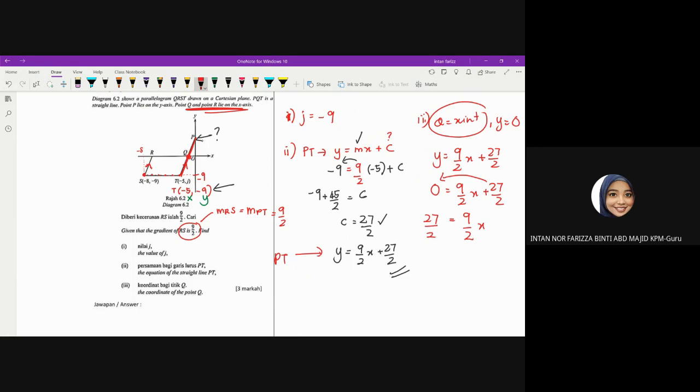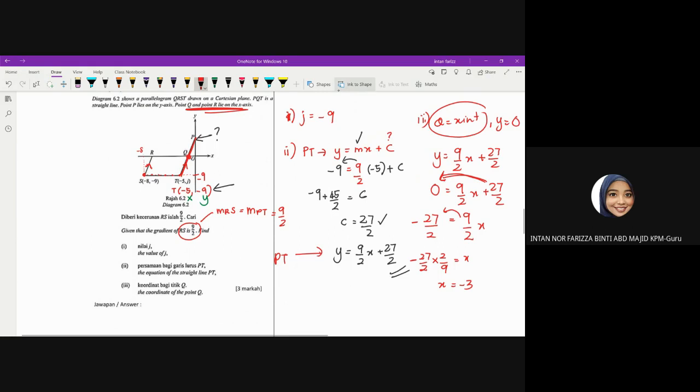Okay, you nak bring this one over here pun boleh. Okay, I show you if you bring it to this side first. Okay, so it will become 27 over 2 times 2 over 9. Dia kena terbalikkan. Oh, I forgot. When you bring it here, it is supposed to be a negative here. Okay, so I put negative. So it is X. So when you cancel off, you dapat berapa? Press calculator, X equals to negative 3.